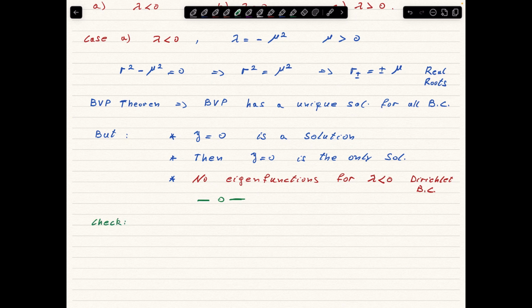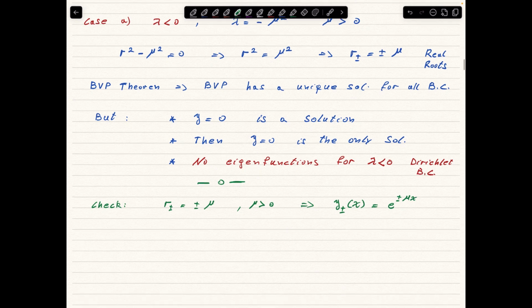So how do we check the result? Well, we already know that r plus minus mu, so we know that mu is positive. What else do we know? Well, then we know that the fundamental solutions of the equation are going to be exponential plus or minus mu x, isn't it?